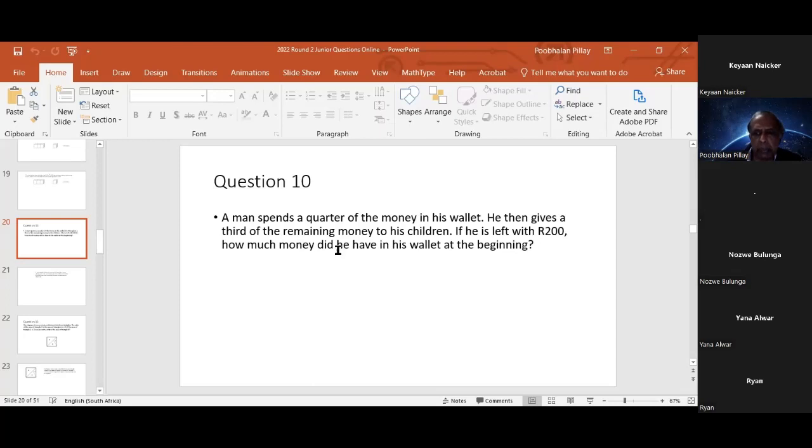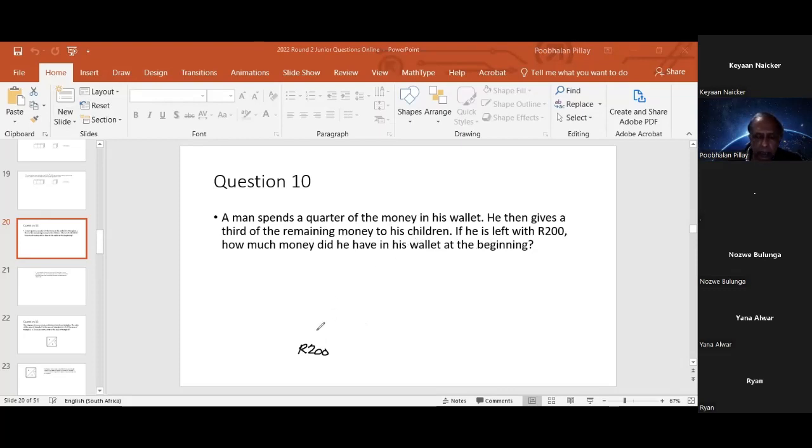A man spends a quarter of his money in his wallet. So he's got a certain amount of money in his wallet, and he spends a quarter of that. He then gives a third of the remaining money to his children, and he's left with 200 rands. So at the end, he's got 200 rands. This was after he gave a third of his money to his children.